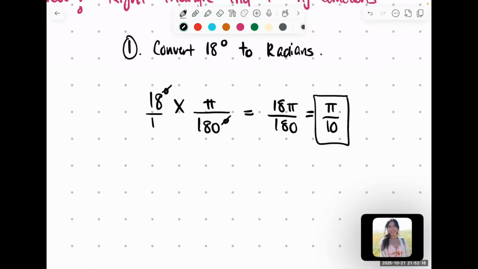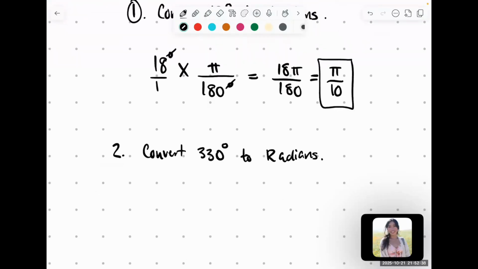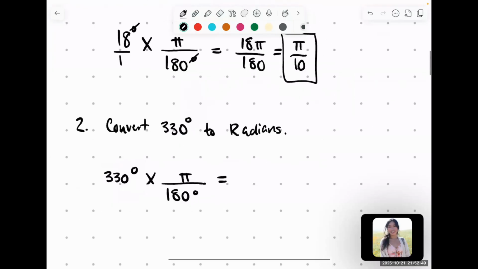So it's pretty simple. We could do another one. Let's convert 330 degrees to radians. Same thing. We're going to do 330 degrees times, we want to get rid of that degrees, 180, and then on top we have pi. And then you could simplify it.